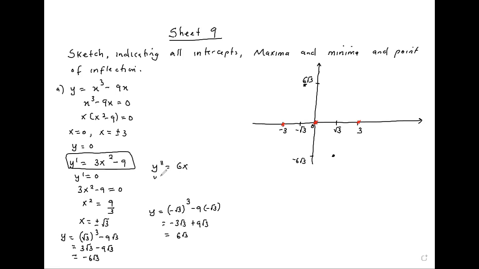When we substitute negative root 3, we would get 6 root 3 negative, meaning that the one that gives us a negative is a maximum. And the one that gives us a positive second derivative is the minimum. So they do the opposite.